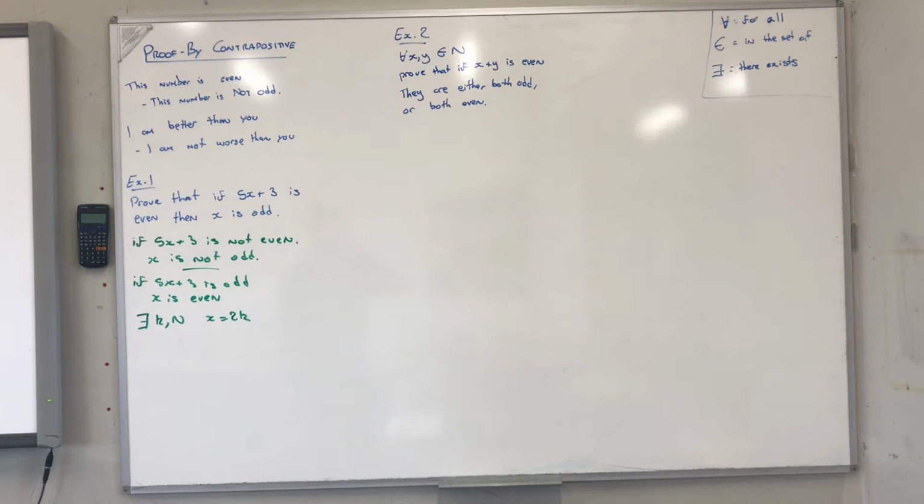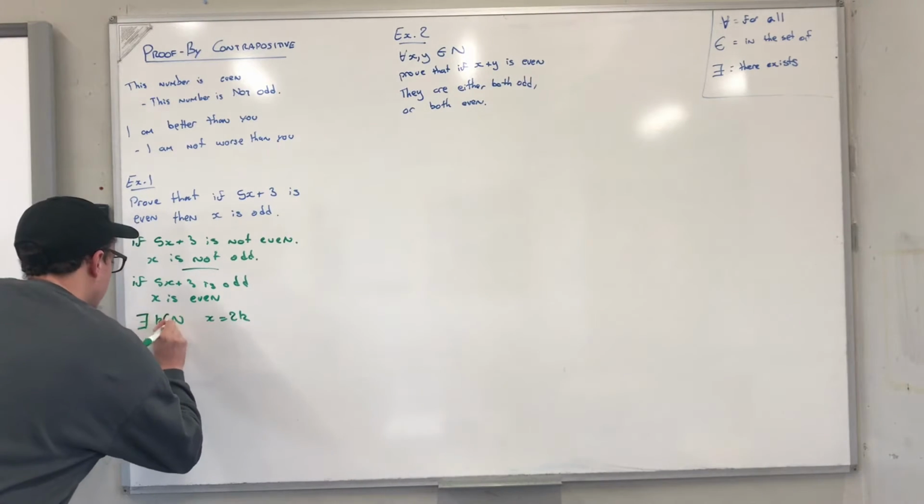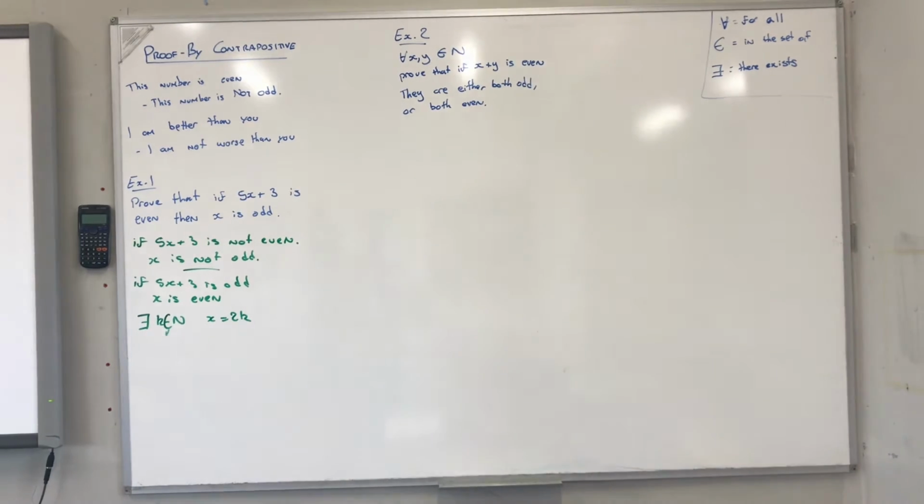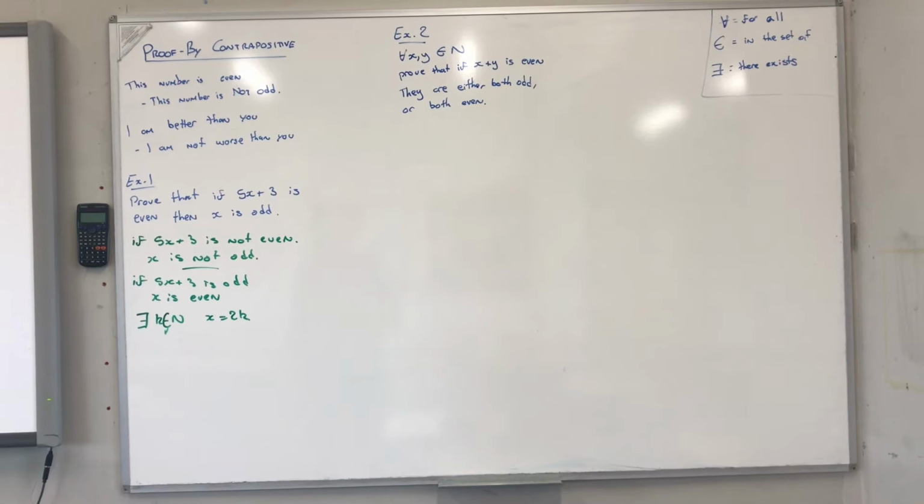That backwards capital E stands for there exists. So all we need to find out is that there exists a natural number k, such that x equals 2k, as in it is even.